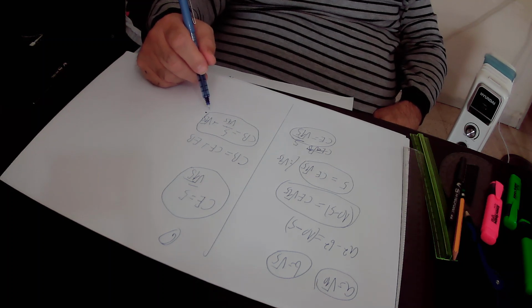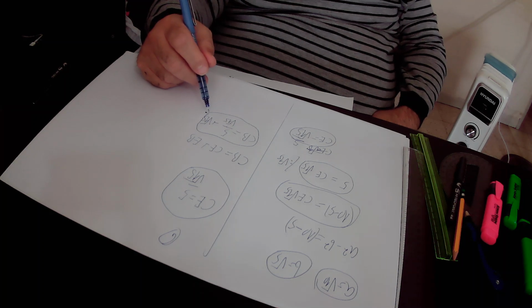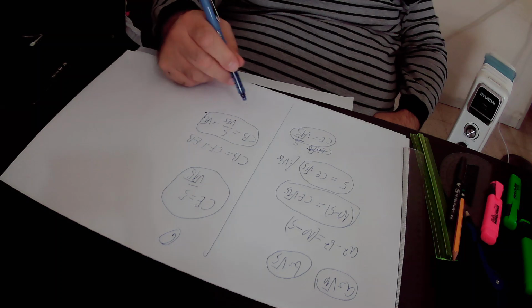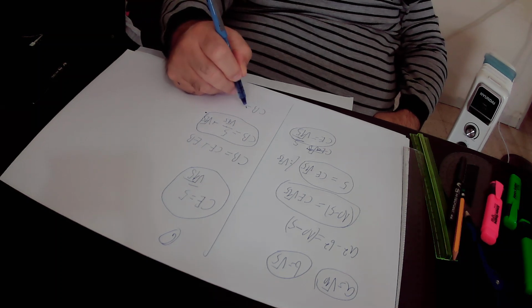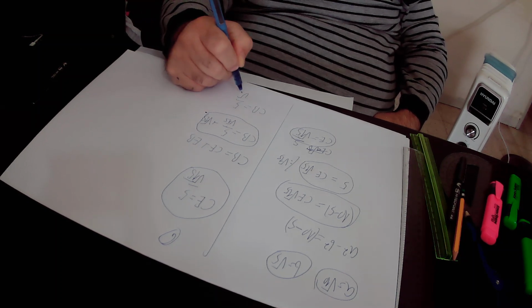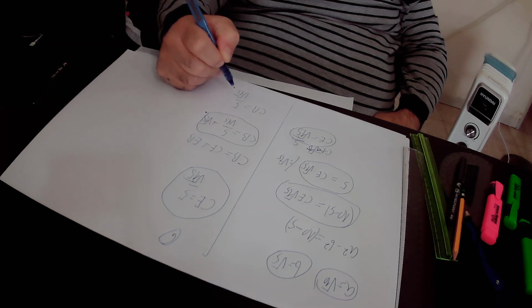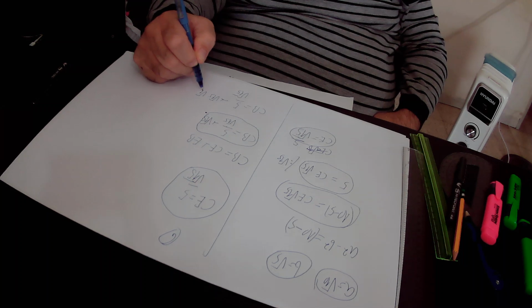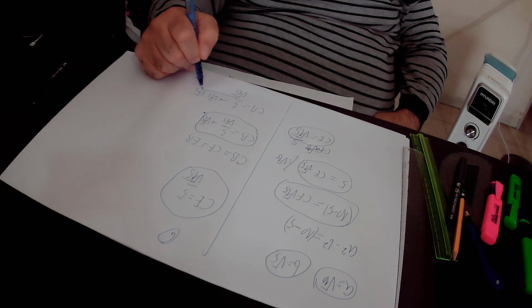In this way, we created the common factor with 5 over square root of 15.